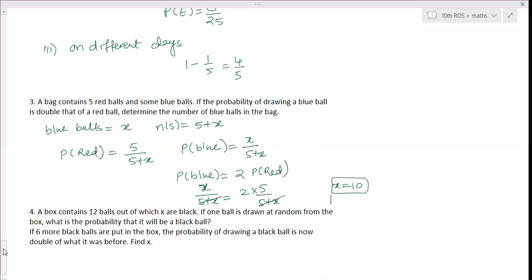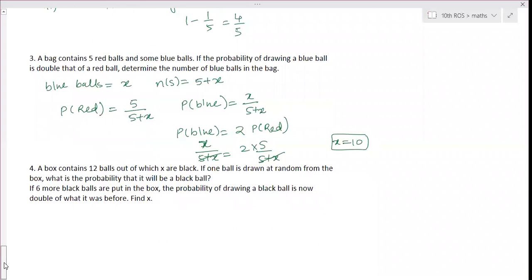The fourth one: a box contains 12 balls, out of which X are black. If one ball is drawn at random from the box, what is the probability that it will be a black ball? Ma'am, can I tell? Yes, Ankur. Here they have given us that a bag contains 12 balls, that is n(S) equals 12, and in that X are black balls.